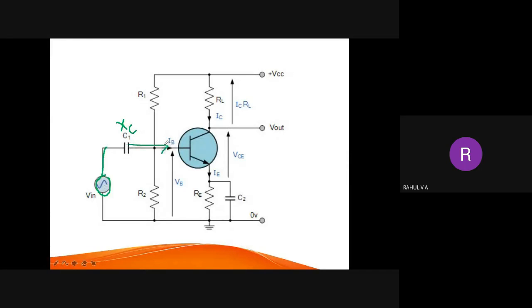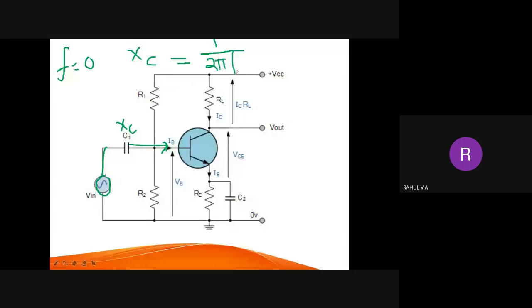A capacitor will allow AC and it will block DC. DC means a signal with a frequency of 0. Why does it block? When frequency is 0, Xc is equal to 1 by 2 pi fC, so reactance is infinity.